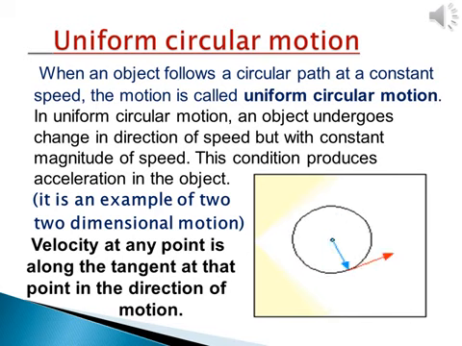Suppose a stone tied with a thread is whirled horizontally and allowed to execute uniform circular motion. If the thread is let go, what would happen to the stone? The stone would move tangentially at that point on its path at the instant of time when it is let go. This is the justification of this point.